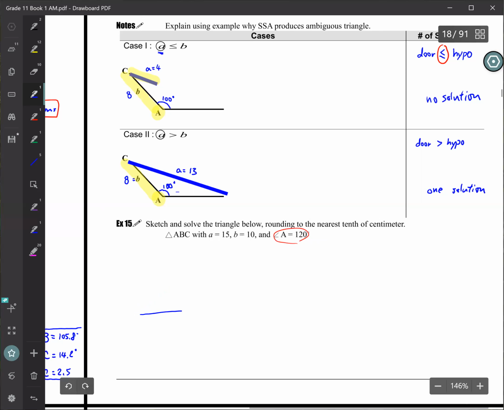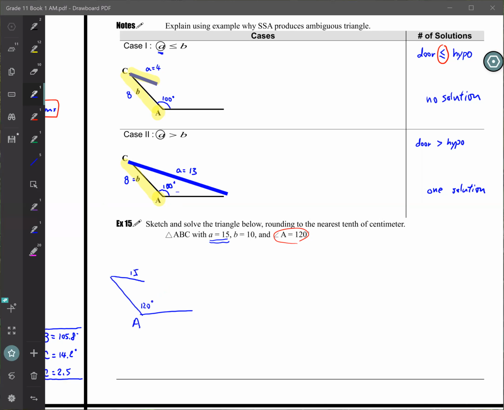So here's the side. Here's about 120 degrees. And then its door is the pair. A is 15, so let's do 15. Here's the 10, side B is 10. Now because side A, 15, is longer than 10, we know this one should be stretching out.